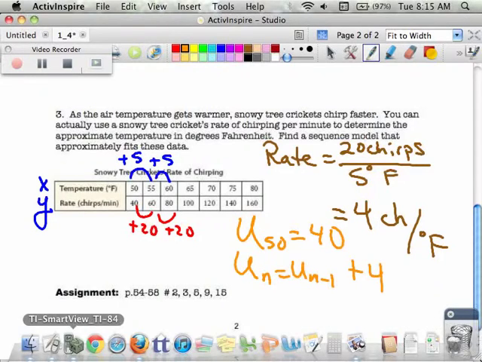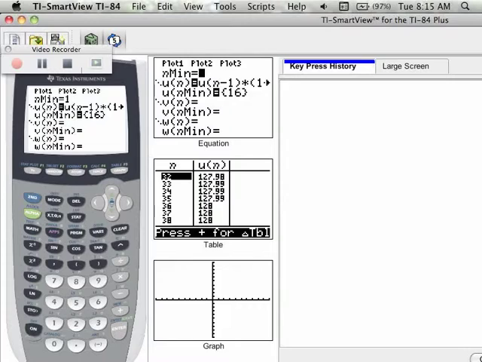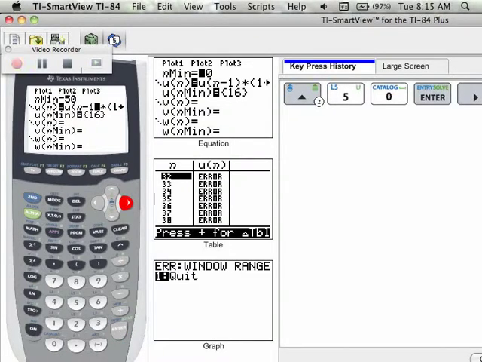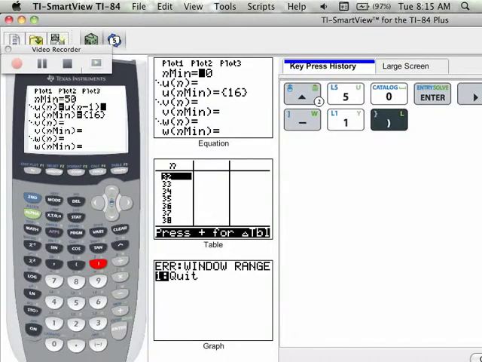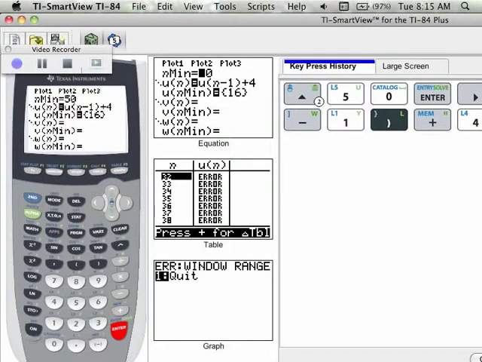So what I could have done is, if I'm in my calculator now, you don't have to pull out yours, don't worry. And I start at 50, and I know that I'm adding 4 for each chirp, and I'm starting at 40, right?